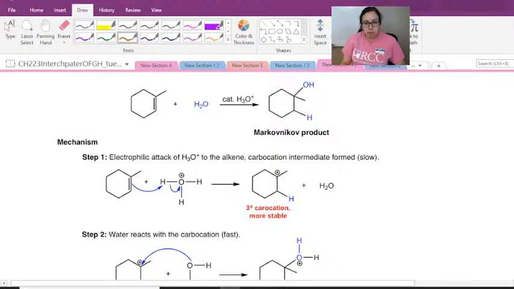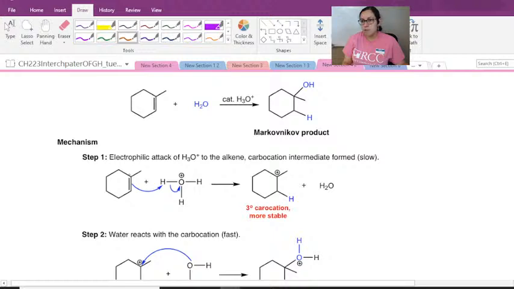The same principle applies like we looked at before. The plus charge is going to be stabilized on the more substituted carbon. Just account for your electrons. This made a new bond with hydrogen.